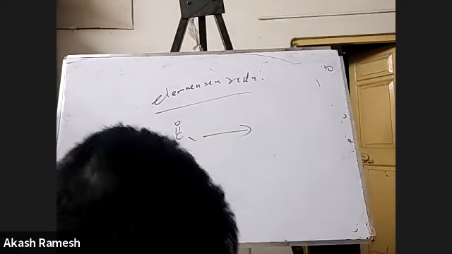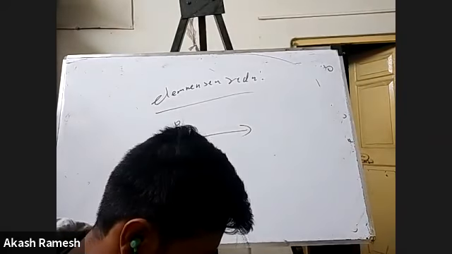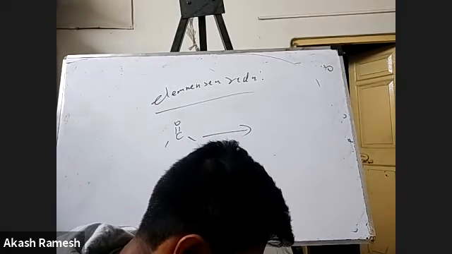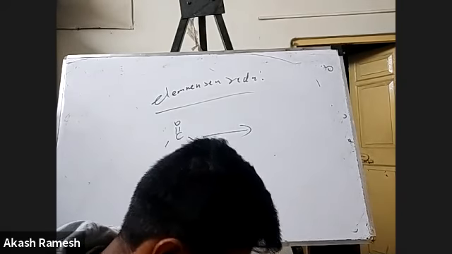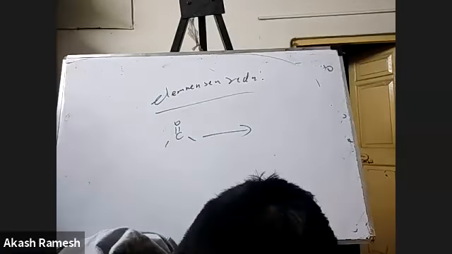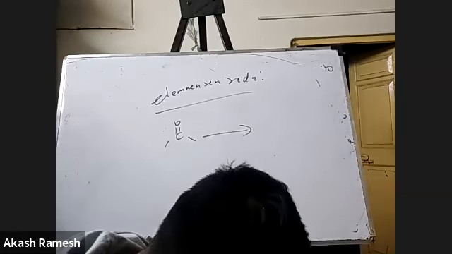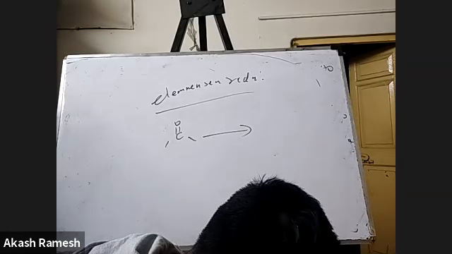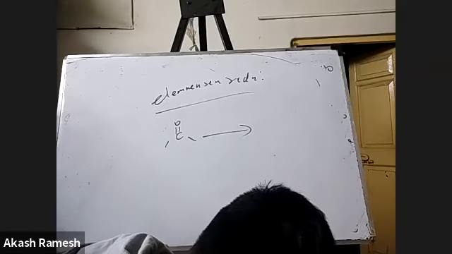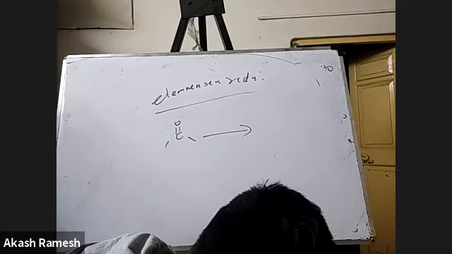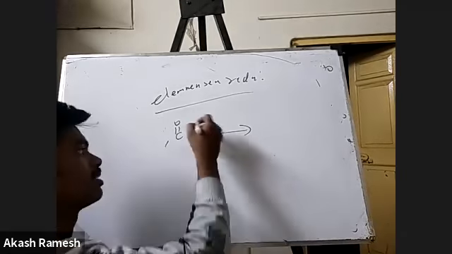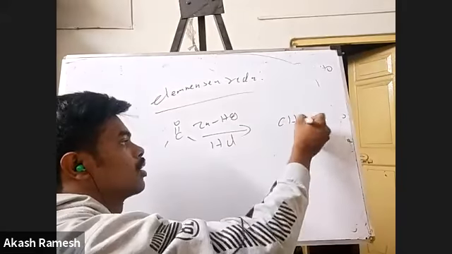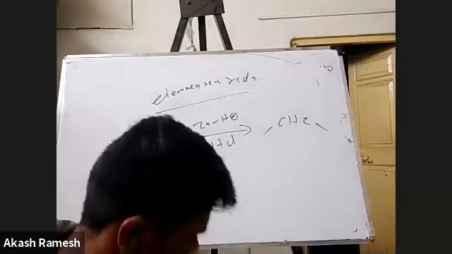Anybody remembers what the reagent is? Yes, zinc amalgam and HCl. With zinc amalgam and HCl, you are going to get CH2 with the other groups.